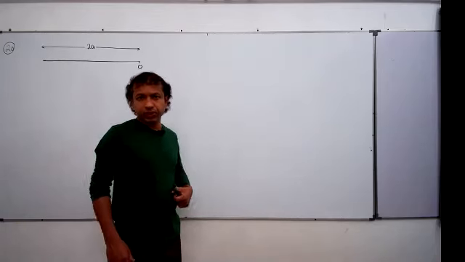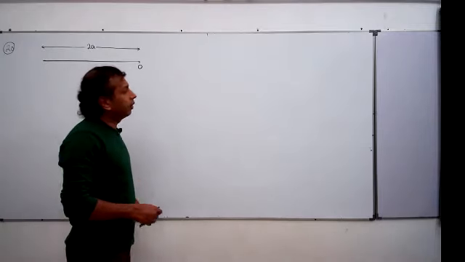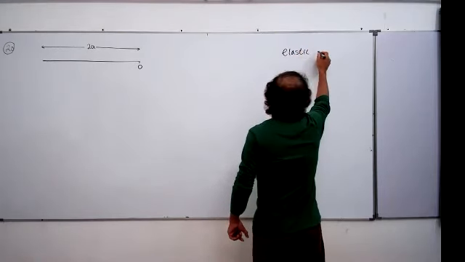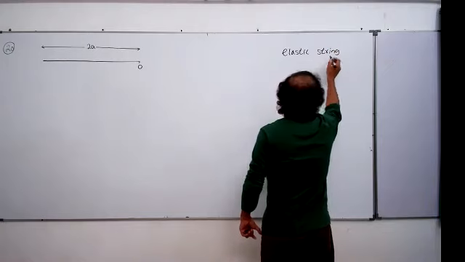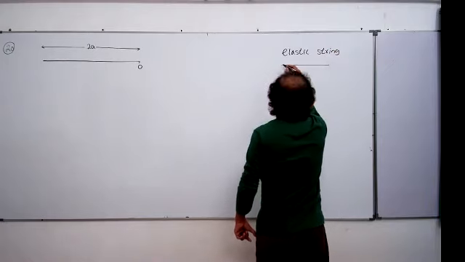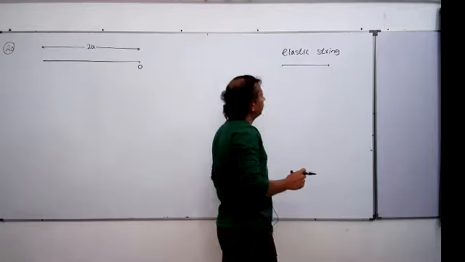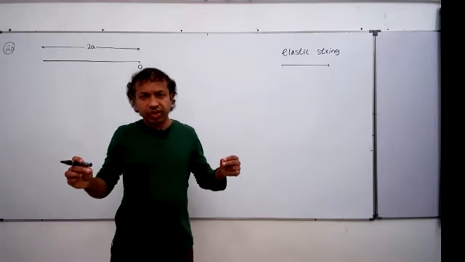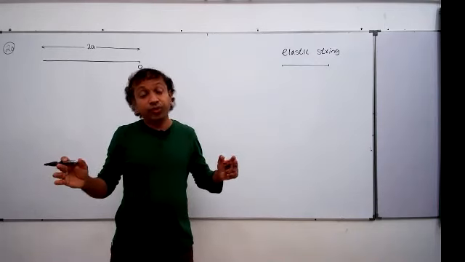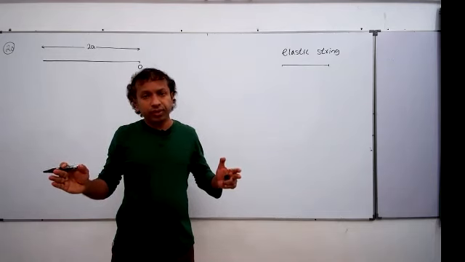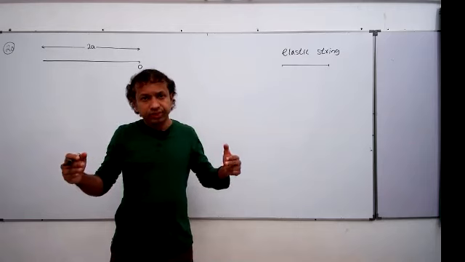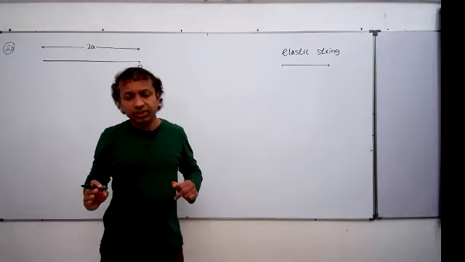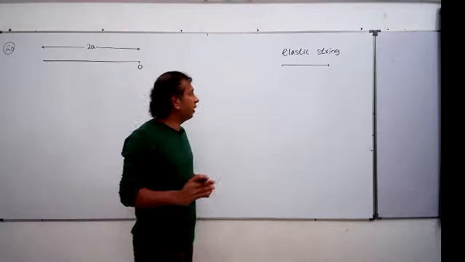When such an elastic string is not given a force, suppose we keep this string straight without giving a force, then its length is called the natural length. The natural length is given as A.